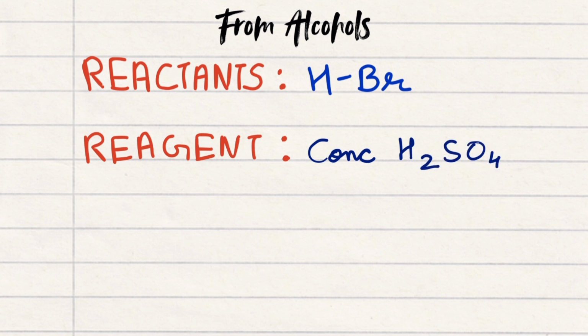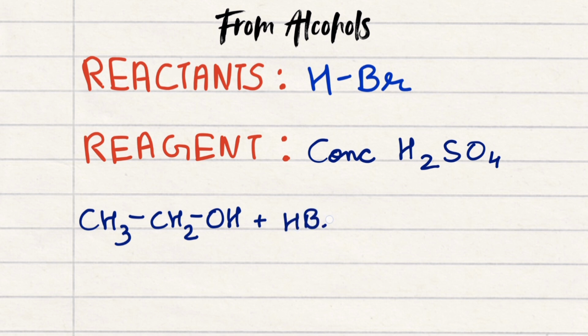Fun fact, H2SO4 or sulfuric acid is one of the kings of acids. Now let's write a reaction. Ethanol is represented as CH3, CH2 and OH. Same as before, this is the alkane group and this is the hydroxy group. We are going to add our hydrogen bromide in the presence of concentrated sulfuric acid.